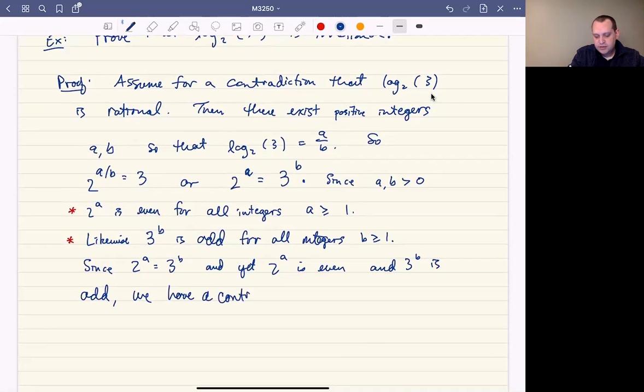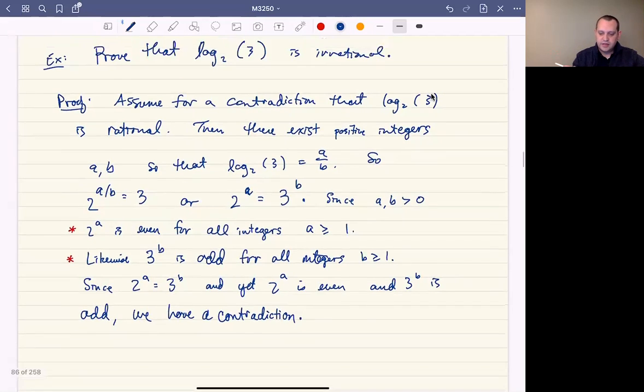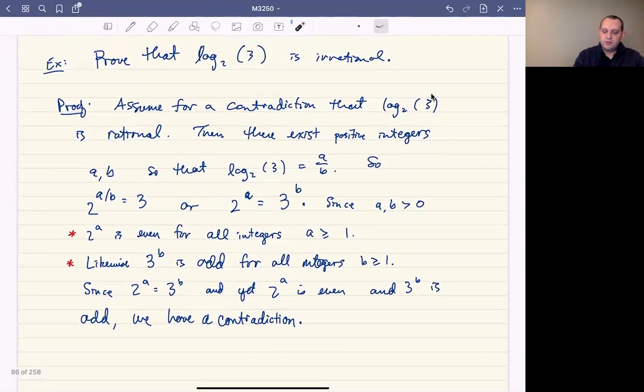I want to point out it doesn't make a difference at all what the contradiction is that we find. All that matters is that our assumption contradicts something. And if that happens, then our assumption couldn't be true, and therefore we win. Okay, so in our case, we assumed for no good reason that log base 2 of 3 was rational. It turns out that that can't be the case, because that would imply that there's a number that's both even and odd, which we know can't happen.